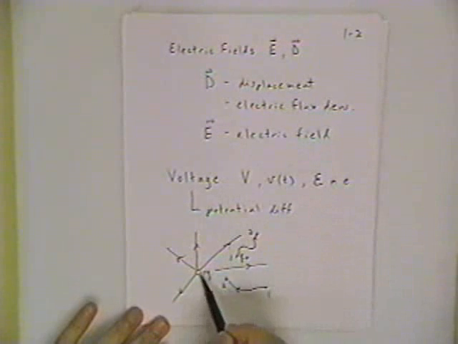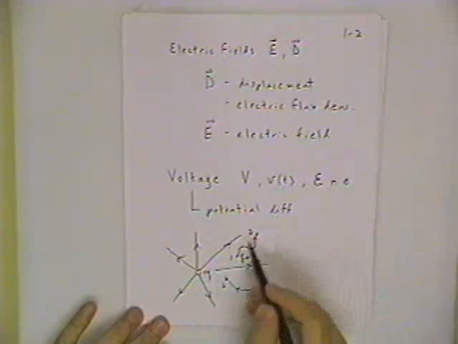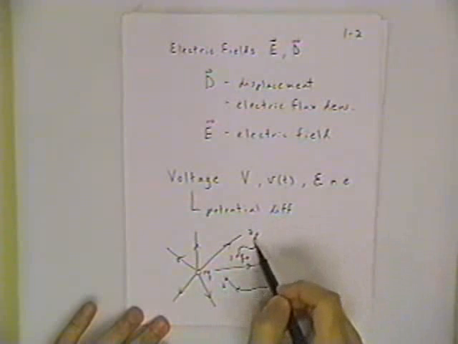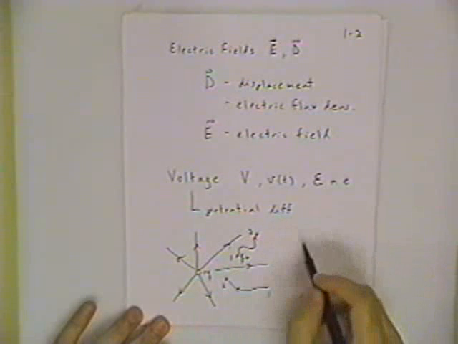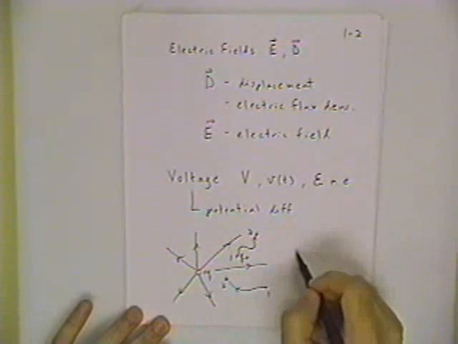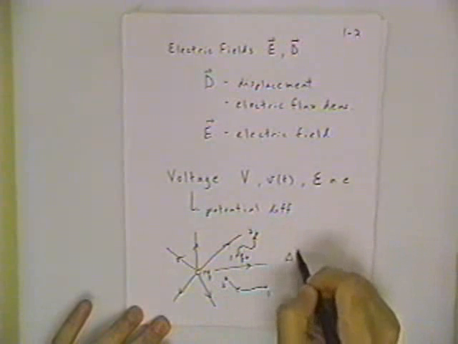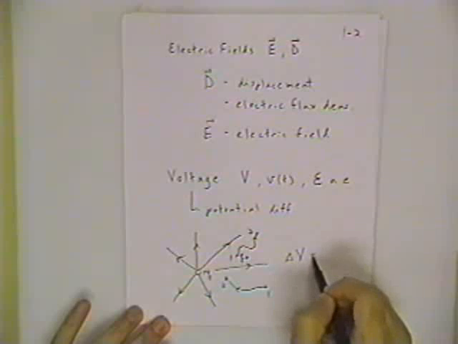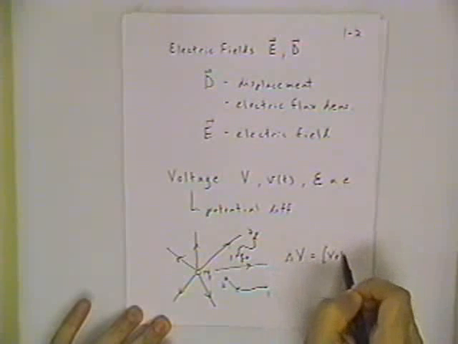We can simply summarize the effect of this charge as saying there's a potential surrounding it, that each point in space has a potential energy associated with it, and that if we go from, say, position 1 to position 2 along this path, we're feeling a difference in potential energy. And that difference is expressed in volts.